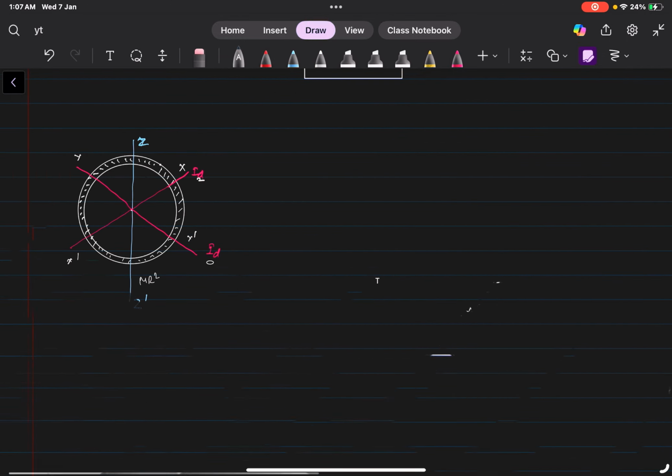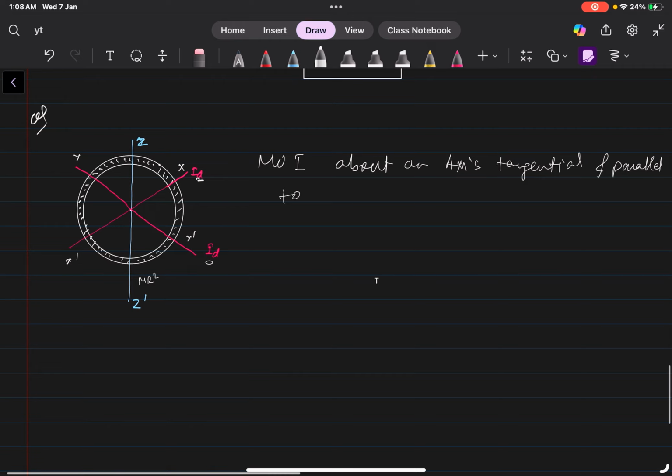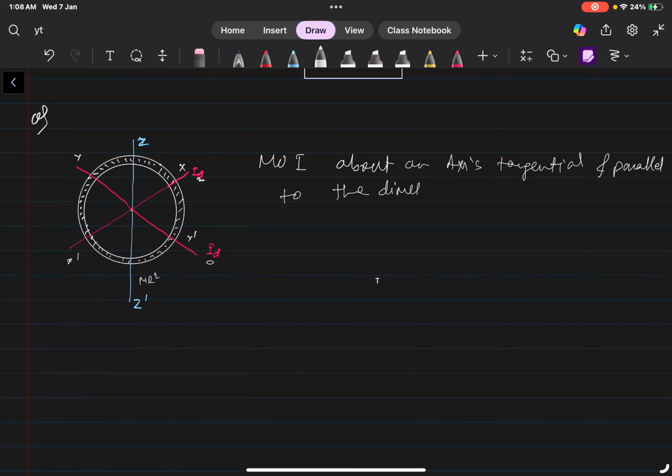The next question will be the moment of inertia about an axis tangential and parallel to the diameter of the ring.